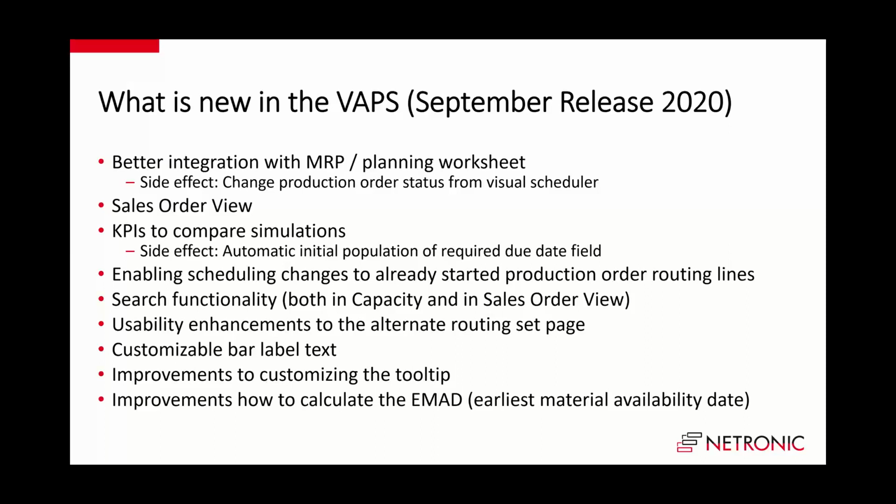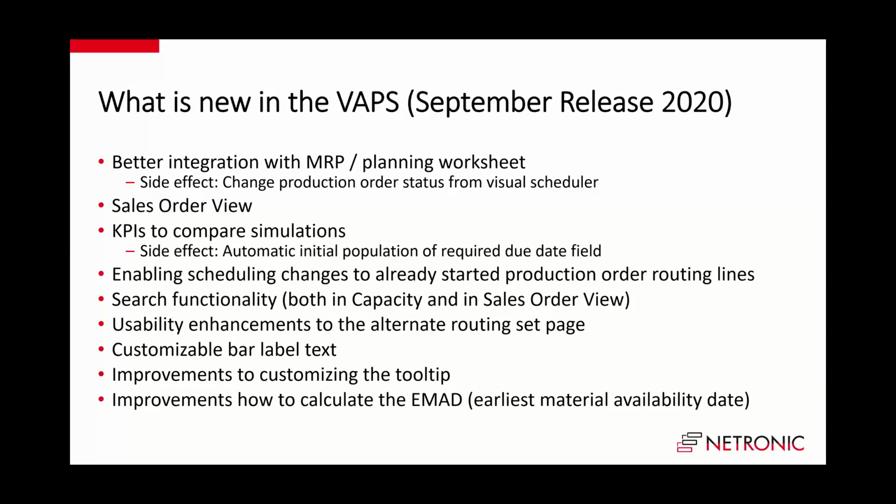The required due date field is a new field that we introduced to the production order header, so that we have a user-controlled field that we treat as the delivery date to the customer, or the date when the production order really should be finished, and that the user controls almost 100%. The only time we give this field a value now is when a new production order is created, either from the planning worksheet, from a sales order, or manually.